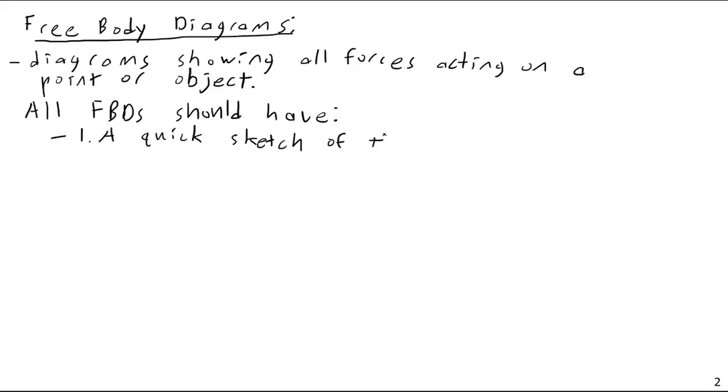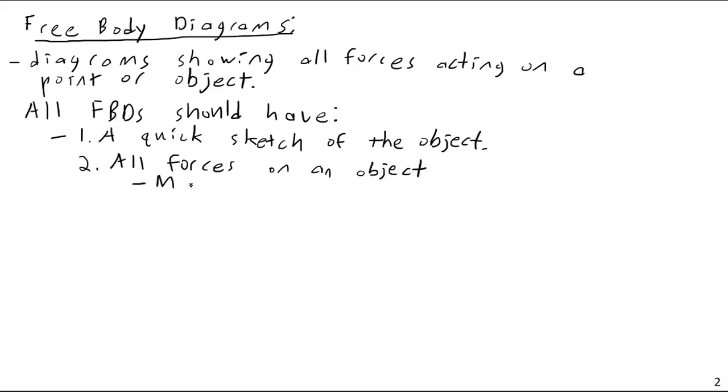Usually you'll just put like a point down or something like that. Just something to indicate that there's an object or point there. Two, let's say all forces on an object, including their magnitudes and directions.